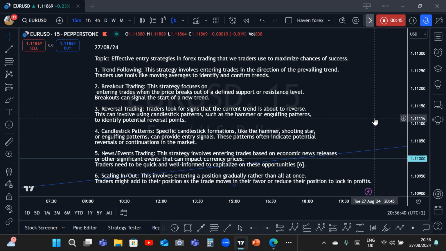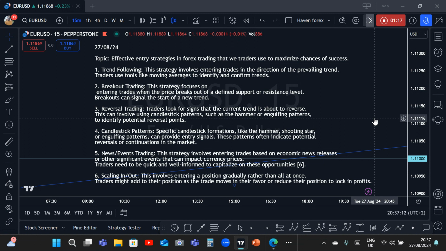All right. Without wasting much time, there's this topic I want to treat today, which I titled "Effective Entry Strategies." All right. This entry strategy is very, very effective. When you apply this as you trade, you will see the result.